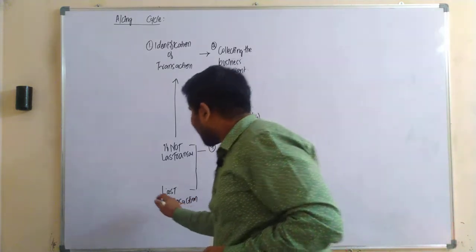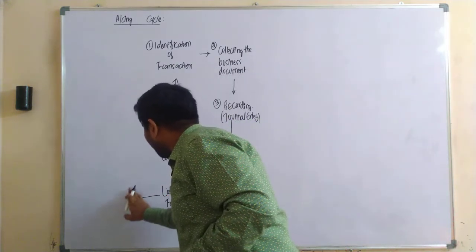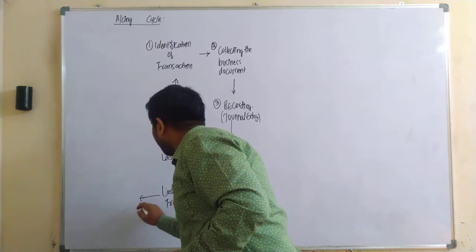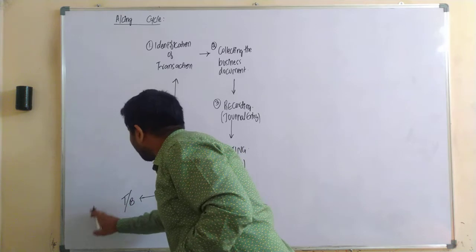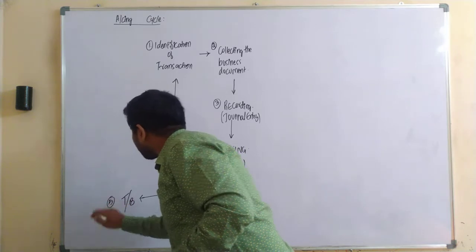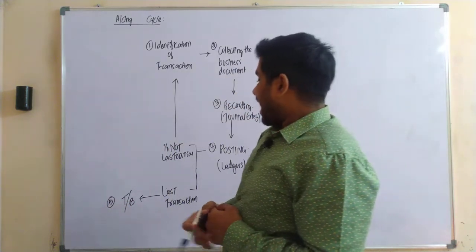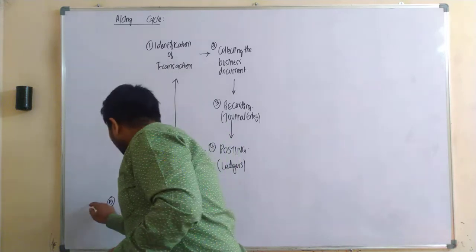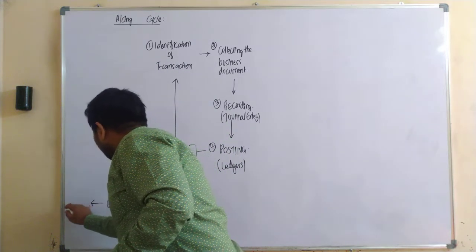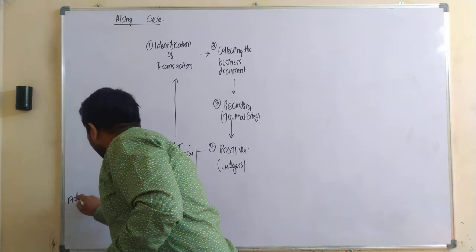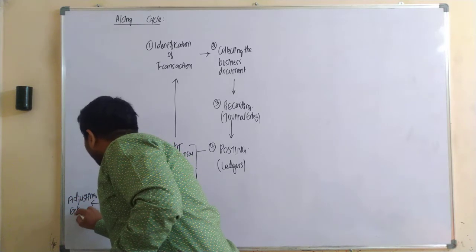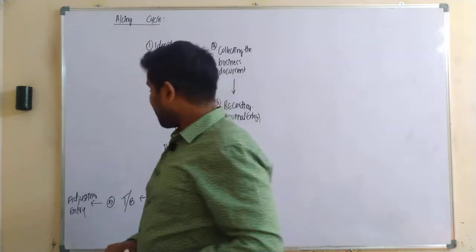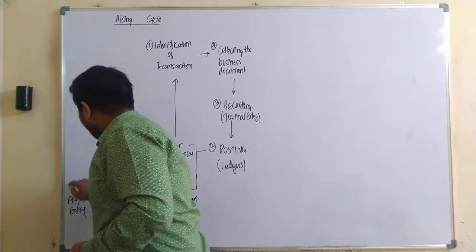If that is the last transaction of your financial accounting year, then you would be preparing your financial statements. That would be your fifth stage. After preparing the trial balance, you need to adjust. That is nothing but your adjusting entries. So your next step would be adjusting your entries.